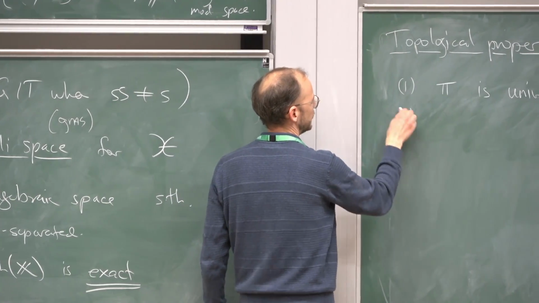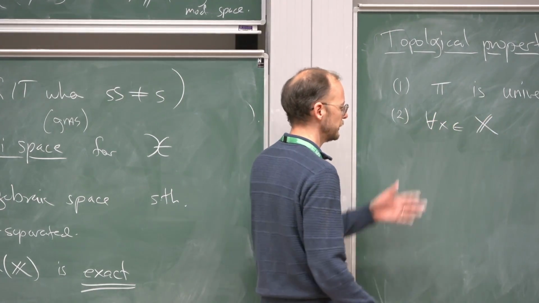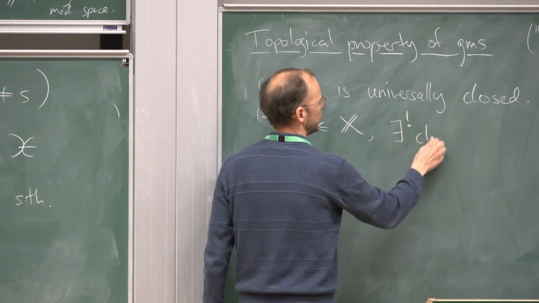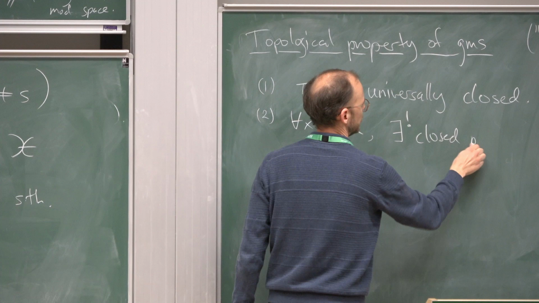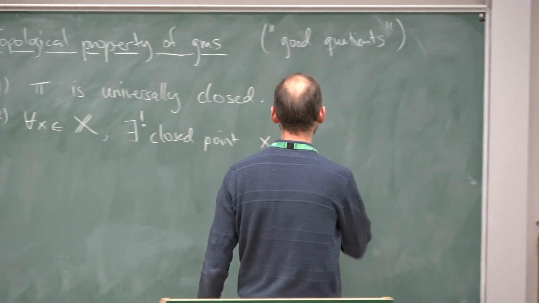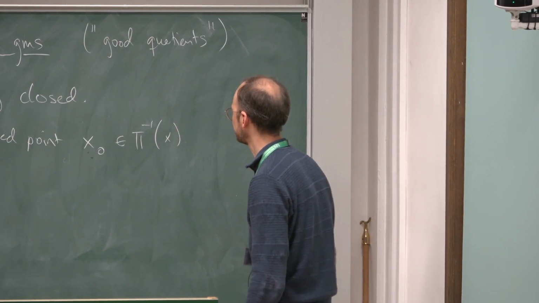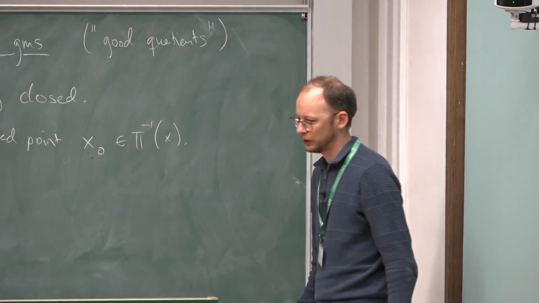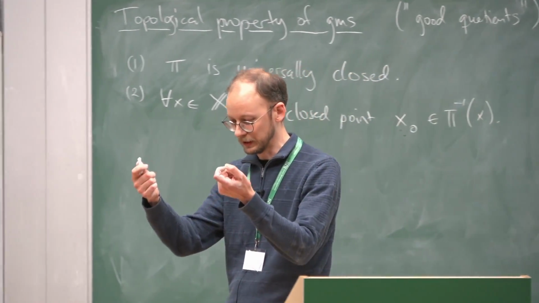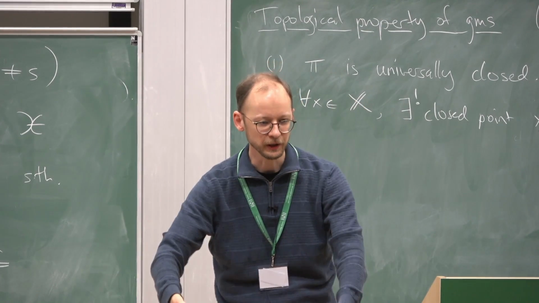And secondly, for every point in the good moduli space, there exists a unique closed point, which I will try to call x naught, in the fiber of X. Josh talked about how if you have two distinct closed orbits, then they will be distinct in the image.